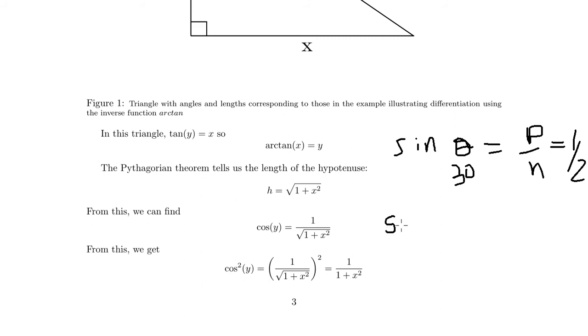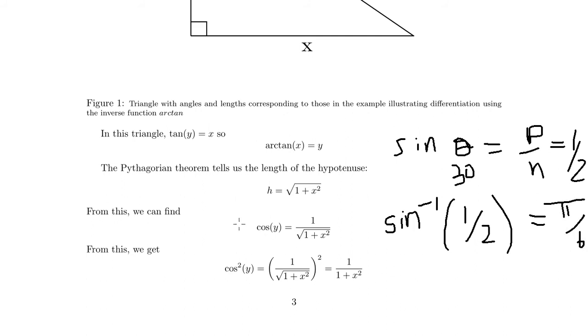So we say sine inverse of 1 over 2 is equal to some value of theta. And as you can guess by the fact that this is a sine inverse, this is equal to pi over 6 or 30 degrees. Yeah, but what is the formula for doing that?